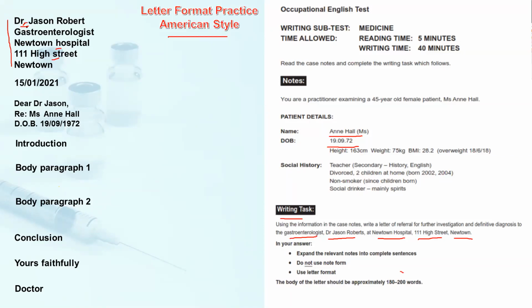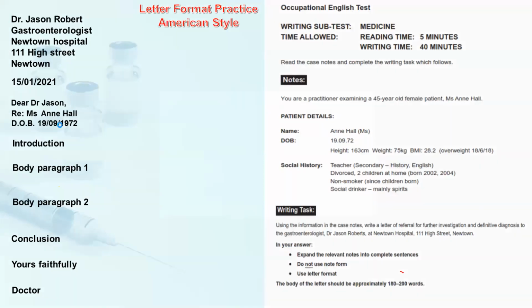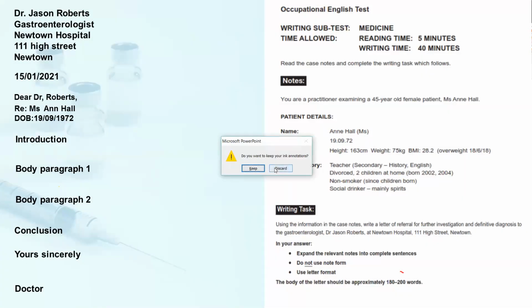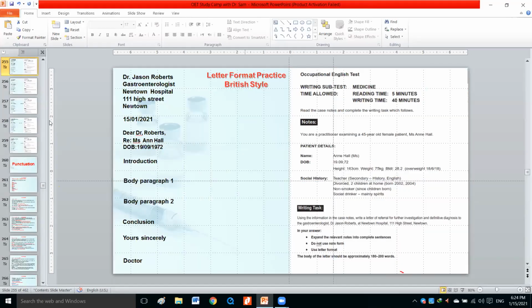Another mistake: as you see here, Dear Dr. Jason Roberts with this S, but here Jason Robert. Okay, the spelling mistake. So let's start correcting this task.